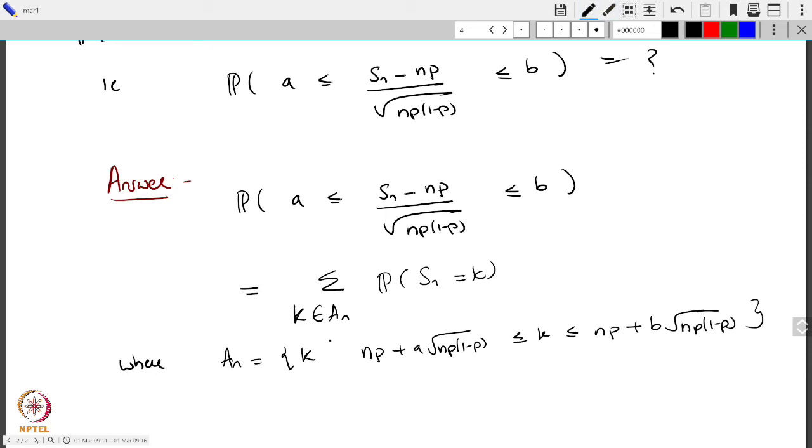There's no ambiguity. k is in the natural numbers, even 0. Now, maybe I can just move this across. So I just have to do that.